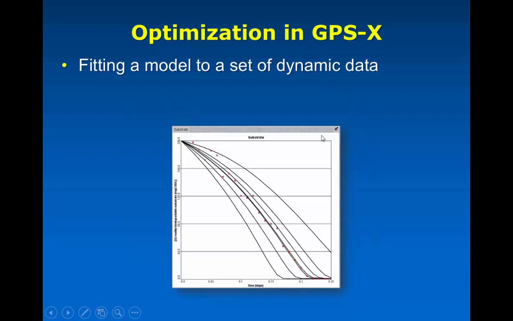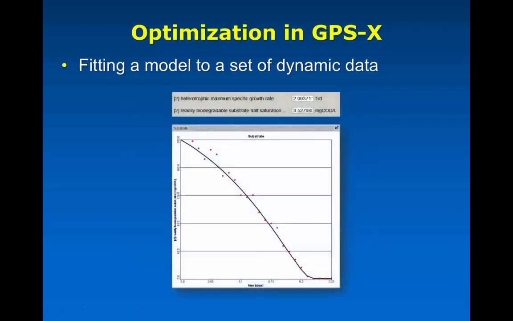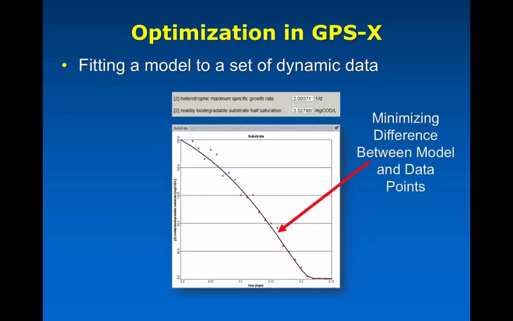Eventually it converges to a final answer, and we can see here it's come up with the answers that we want, and it passes nicely through the data points that we have. So when you're doing parameter estimation, you are minimizing the difference between the model and the data points.